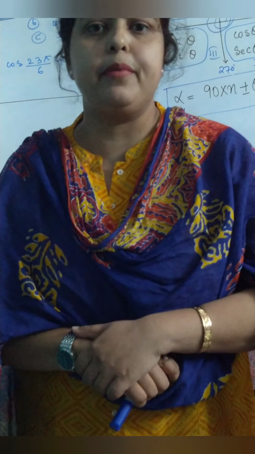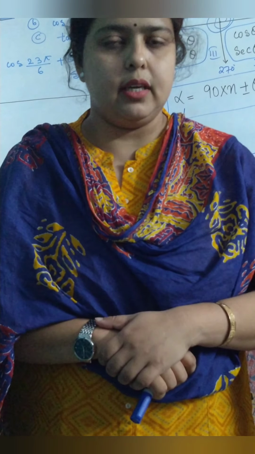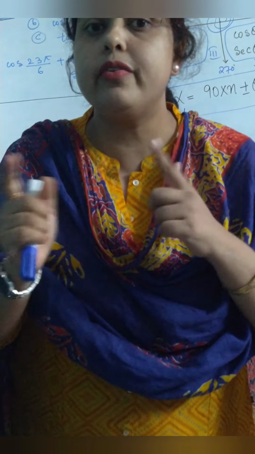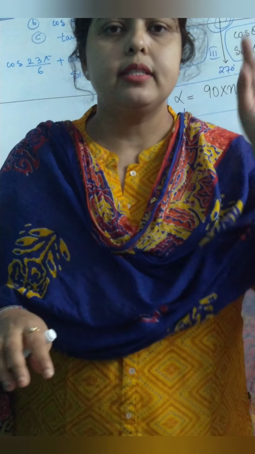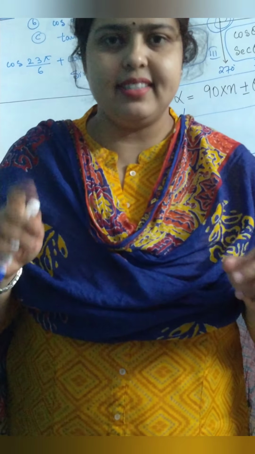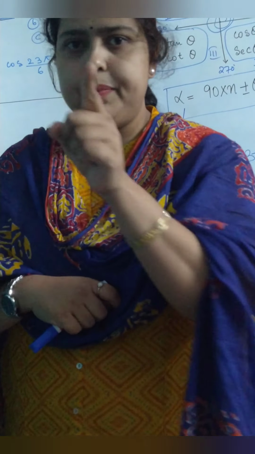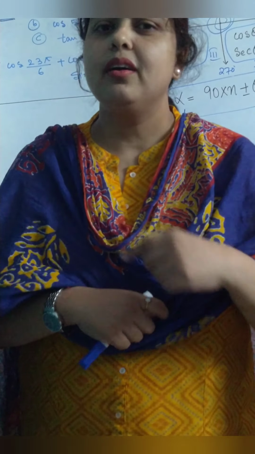So, remember children, sine of 90 minus theta is cos theta. Cos of 90 minus theta is sine theta. So what is the complementary pair? Sine with cos, tan with cot, sec with cosec. And in 90 minus theta, that means 90 into 1, 1 is an odd number, correct?